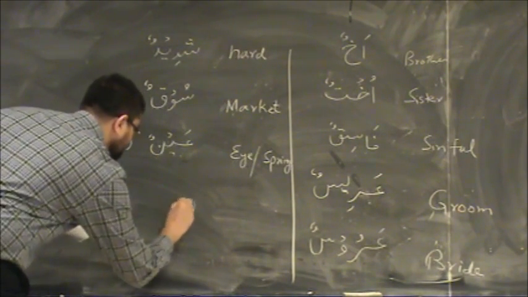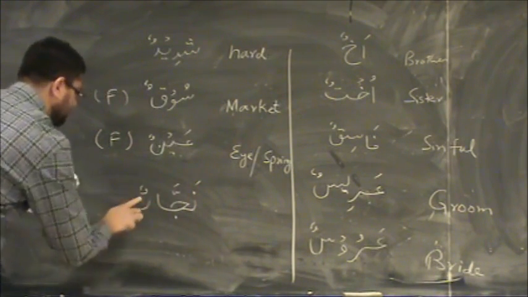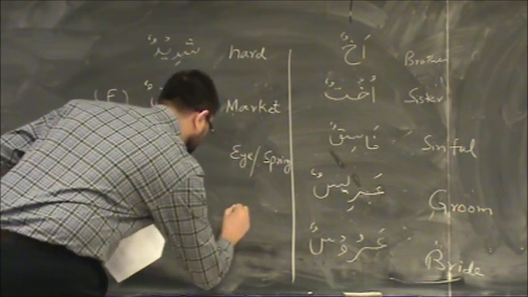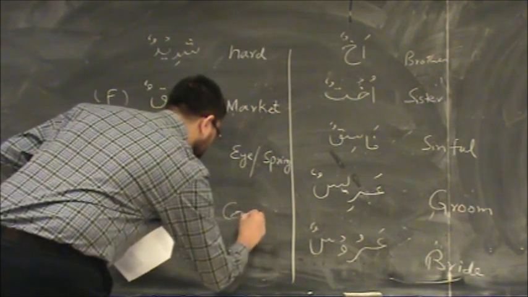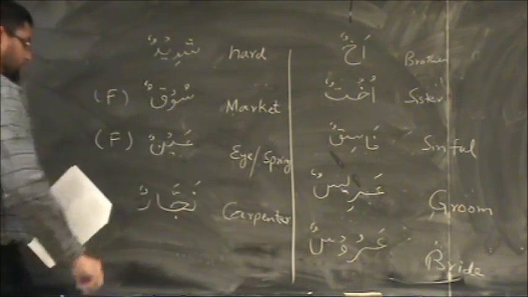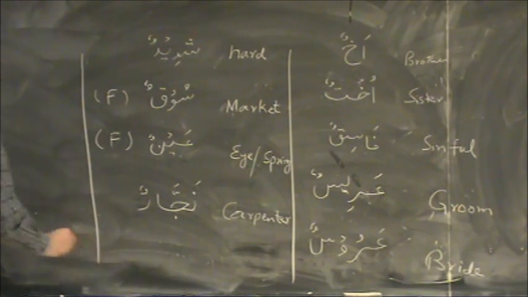Now other words. Najjarun. Noon and Jeen. Najjarun means carpenter. Okay. And it also corresponds to real gender, right? So you should be able to make its feminine. And then Khabbazun.